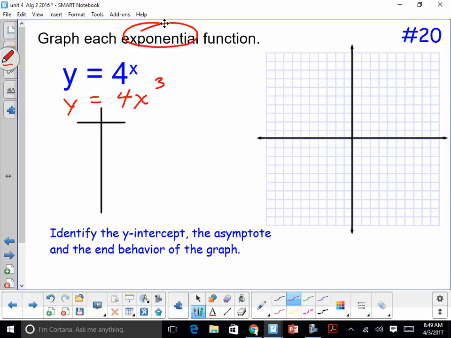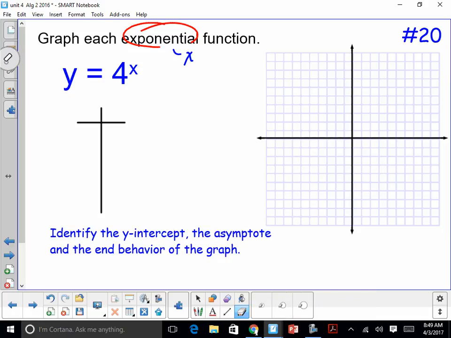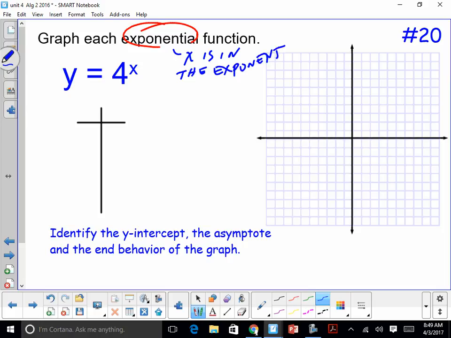Okay. So this is an exponential function. How do I know? The x is in the exponent. I'll put x is in the exponent, and you can write that too. That's how you know it's an exponential. Write that down because you have it there just in case they ask you that.